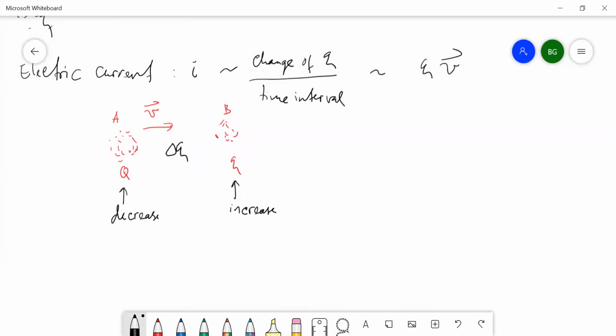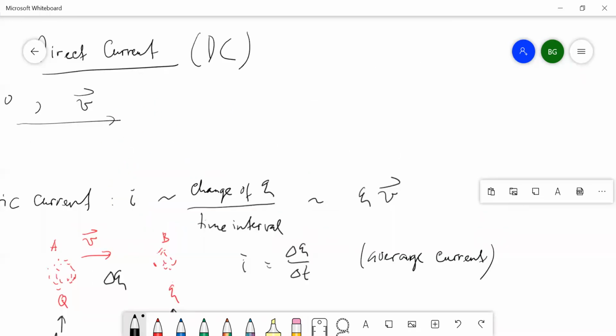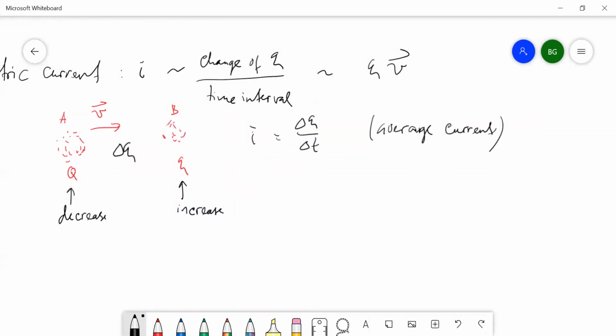So this average current is delta Q over delta T. If we take the limit delta T to 0, for a very short time, delta Q over delta T is dQ over dt.